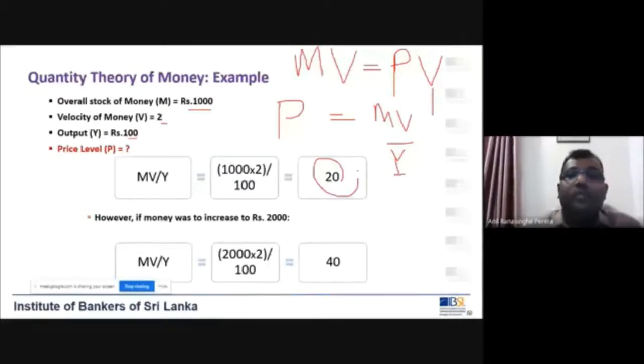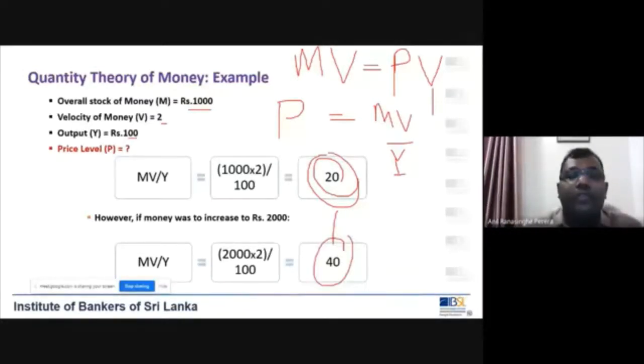Assume your money was increased to 2000. From 1000 to 2000 means money is doubled. If there's no change in other variables, you can simply guess the price level. So price level should also double. If price level is 20, when money is doubled, price level should also be doubled, 40.